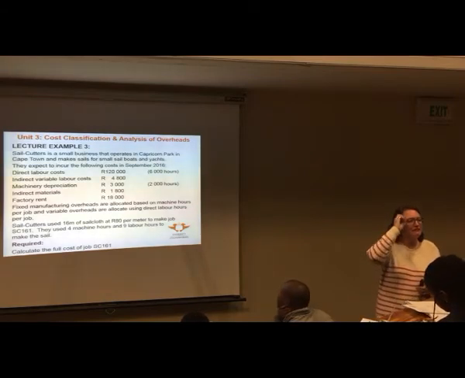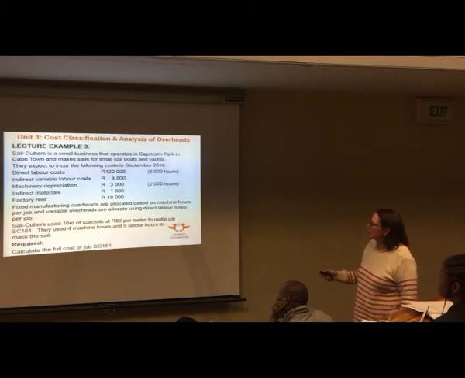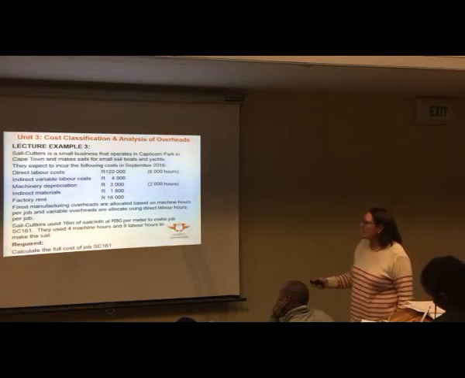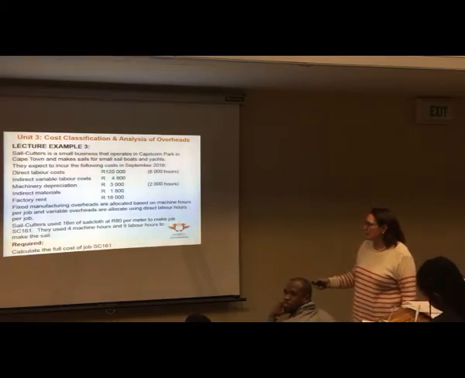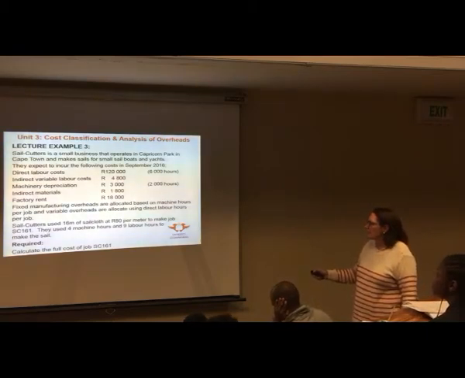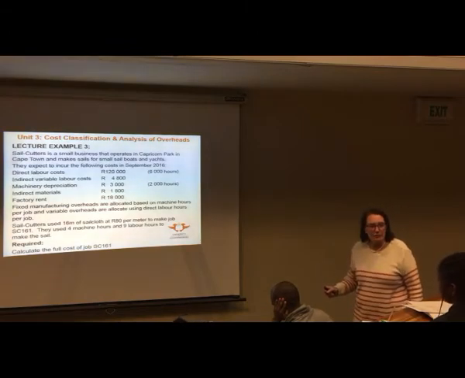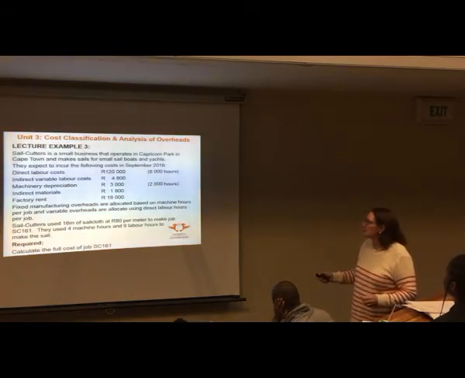which is a fixed manufacturing overhead, and we are using machine hours to allocate manufacturing overheads. So we're going to take the 18,000 Rand divided by 2,000, and we're going to get 9 Rand per machine hour.